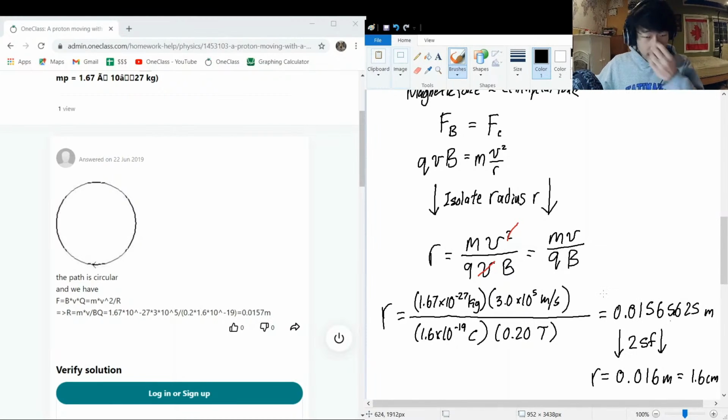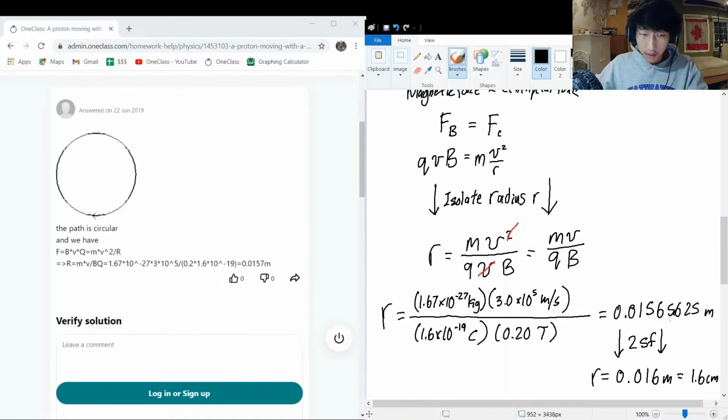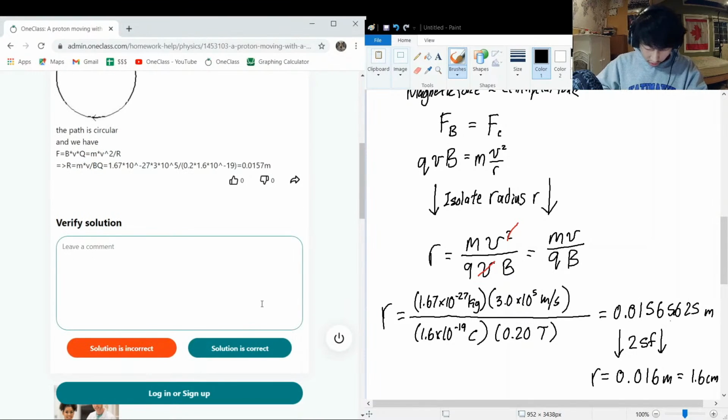So it seems that we got the solution good here. The solution is good.